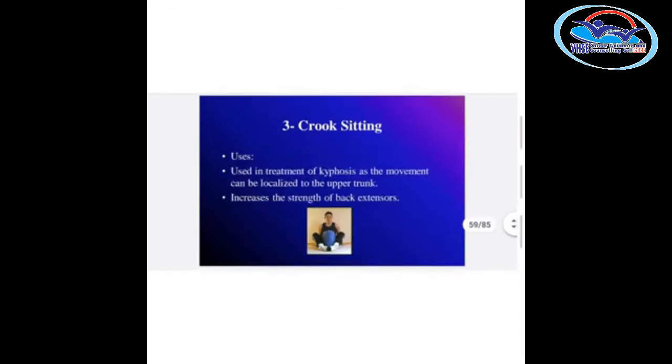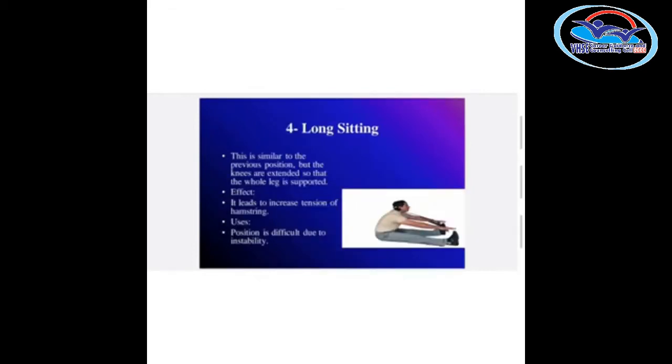It is used in treatment of kyphosis, as the movement can be localized to the upper trunk and it increases the strength of the back extensors. The next one is long sitting. This is similar to the previous position, but the knees are extended so that the whole leg is supported. It leads to increased tension of the hamstrings and the position is very difficult due to instability.